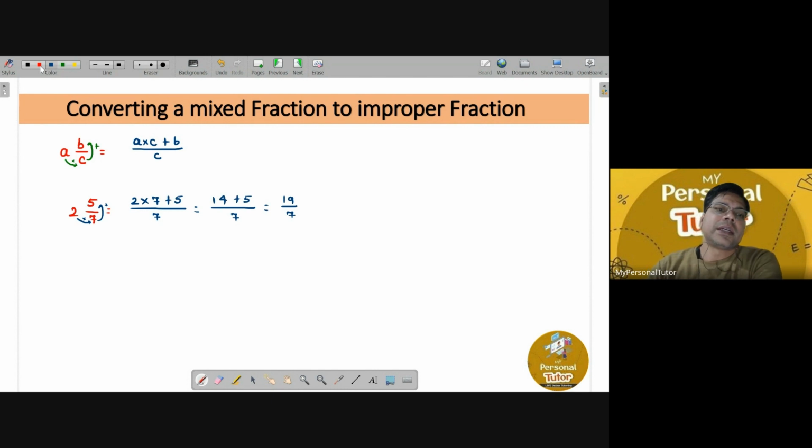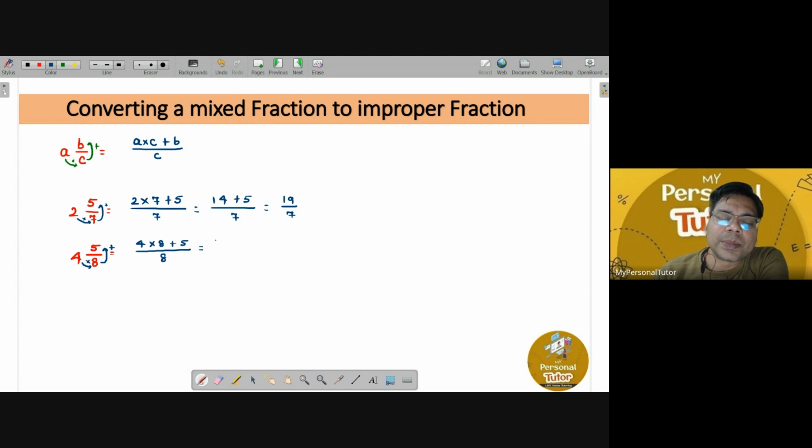Let's take another example, say 4 5 over 8. Suppose you have to convert this mixed fraction into an improper fraction, what will you do? This integer 4, you will multiply with the denominator, and then you will add the numerator part to it. That is 4 multiplied by 8, and you add 5 to it, and the denominator remains 8 as it is.